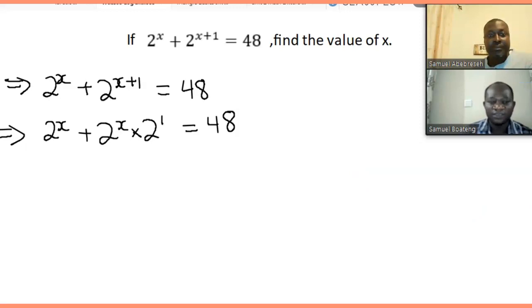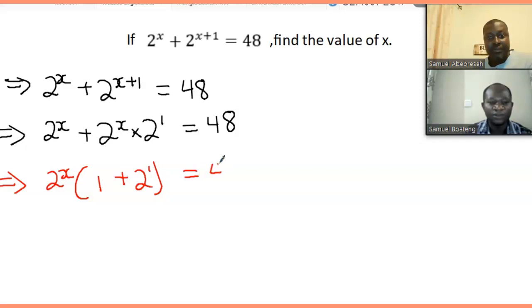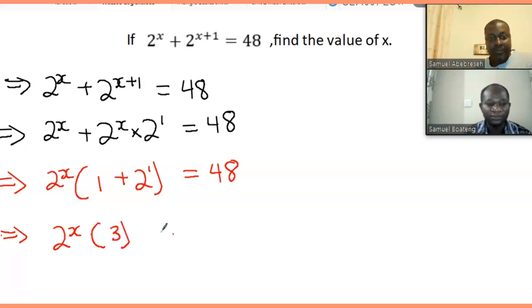Imply that next step, we factorize 2 raised to the power x out, bracket open. We have 1 plus 2, which is equal to 48. So this implies that 2 raised to the power x, 1 plus 2 will give you 3, which is equal to 48.